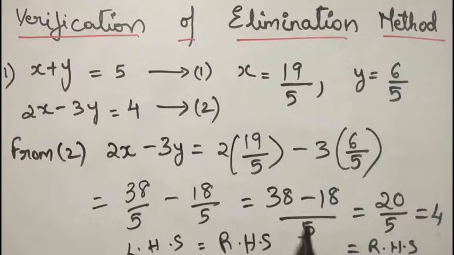So in case of intersecting lines, after substituting the values of x and y, if both the equations are satisfied, it means the values which we got are correct. This is nothing but the verification of the elimination method. Hope you have understood how to solve the equations using the elimination method and also how to verify that the values of x and y which you got using the elimination method are correct or not.